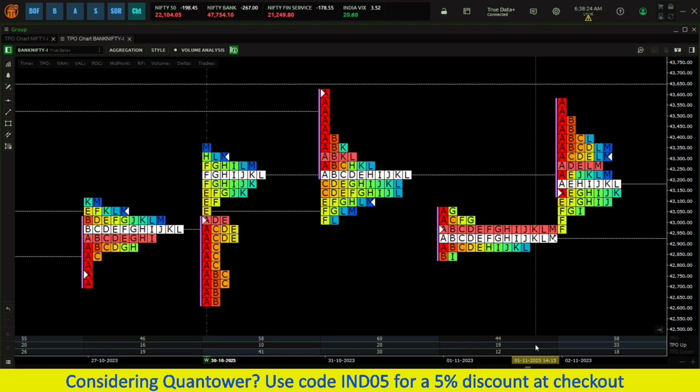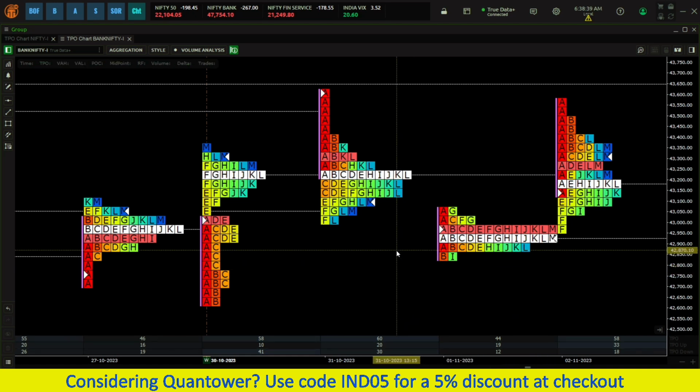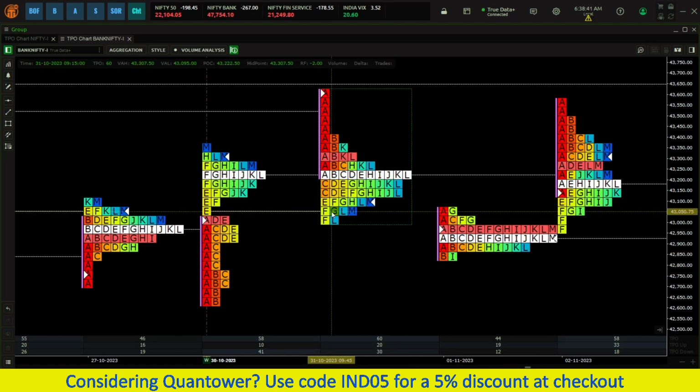So this is why the ATR method comes into the picture. In recent times, the normal IB is somewhere near 500 plus points. If you go back to 2023, it is somewhere ranging between 400 to 500.